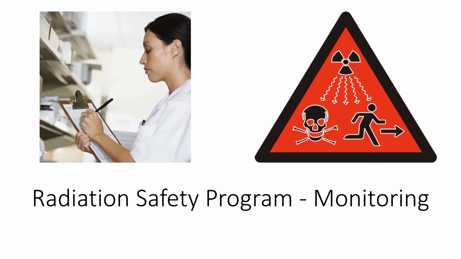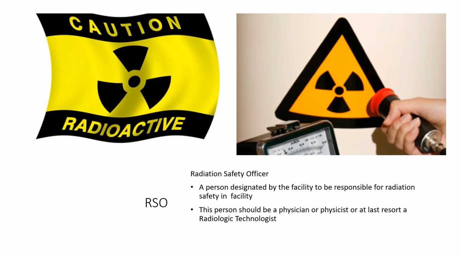We'll now take a look at the monitoring portion of the Radiation Safety Program. The Radiation Safety Program is headed by the RSO, Radiation Safety Officer. The Radiation Safety Officer is a person designated by the facility to be responsible for radiation safety in the facility. This person should be a physician or a physicist, or at last resort a radiologic technologist.